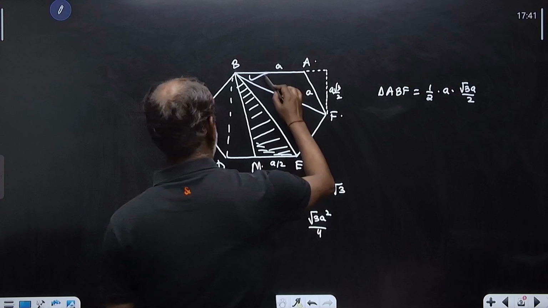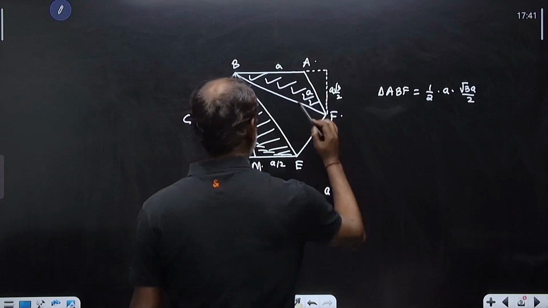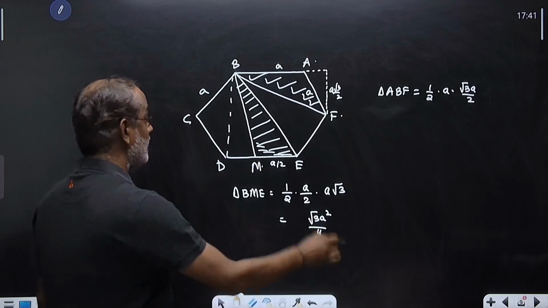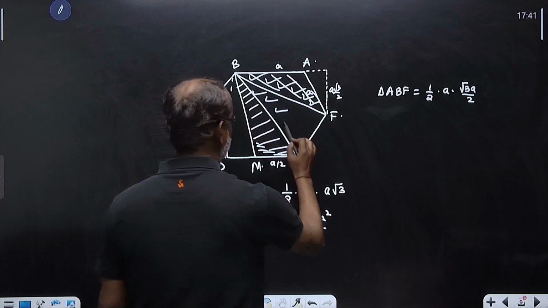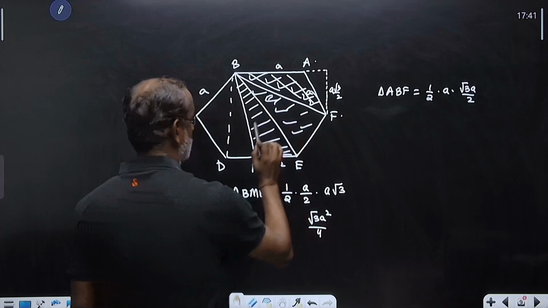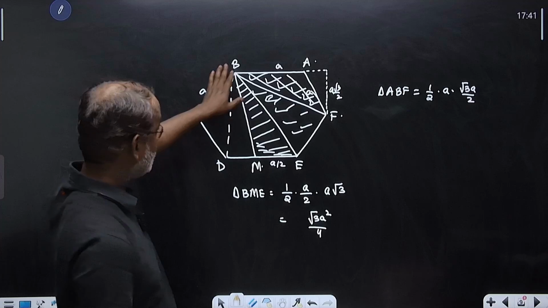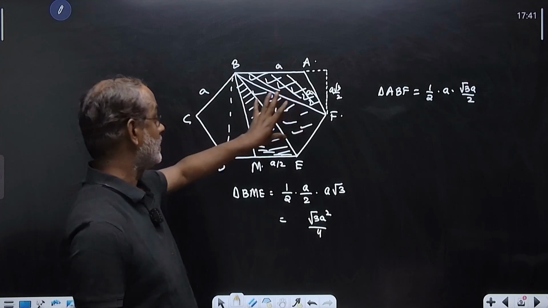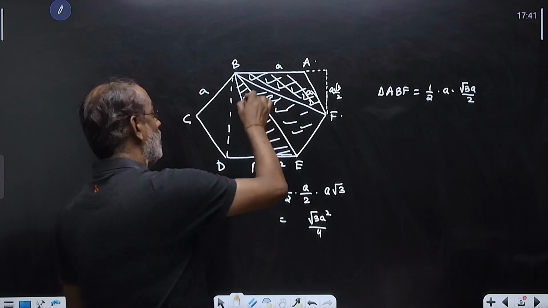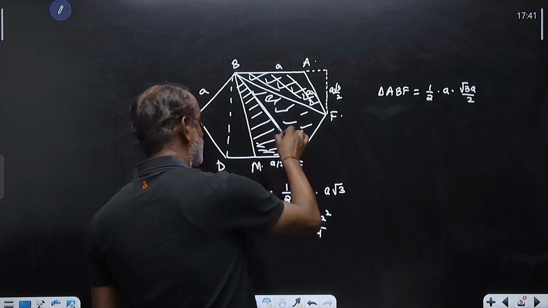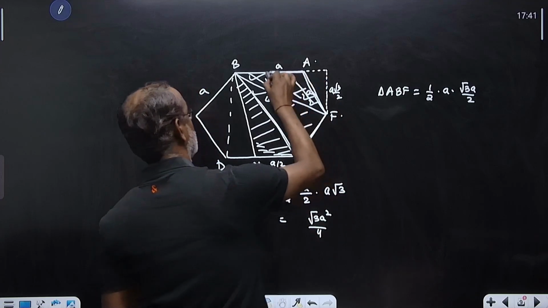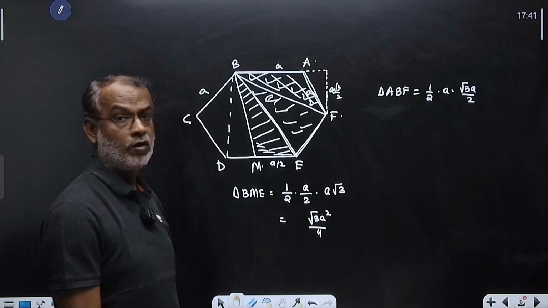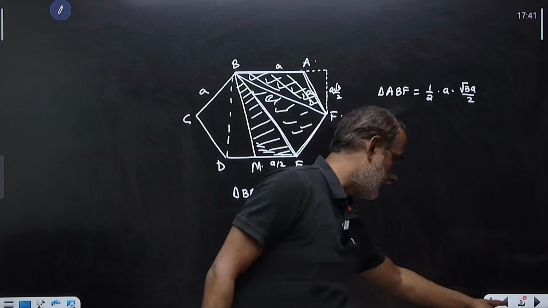That means these two triangles are of equal area. And we have to find area of BMEF. So, area of BMEF is this plus this. This is equal to this. So, all in all, we are looking at half the polygon.